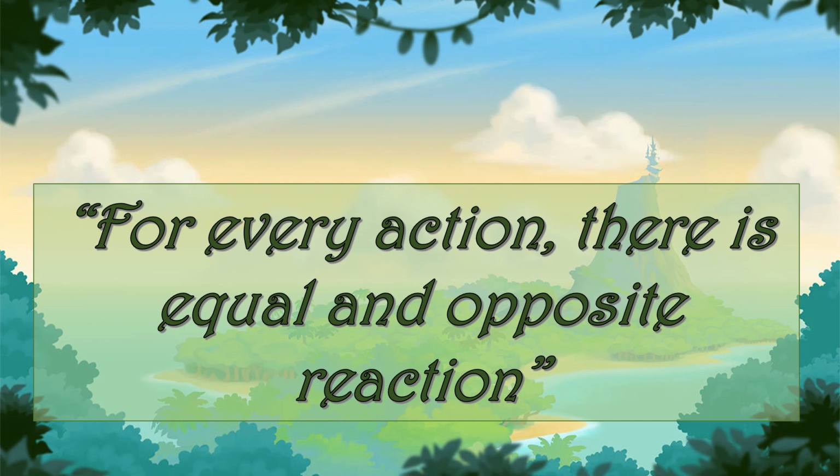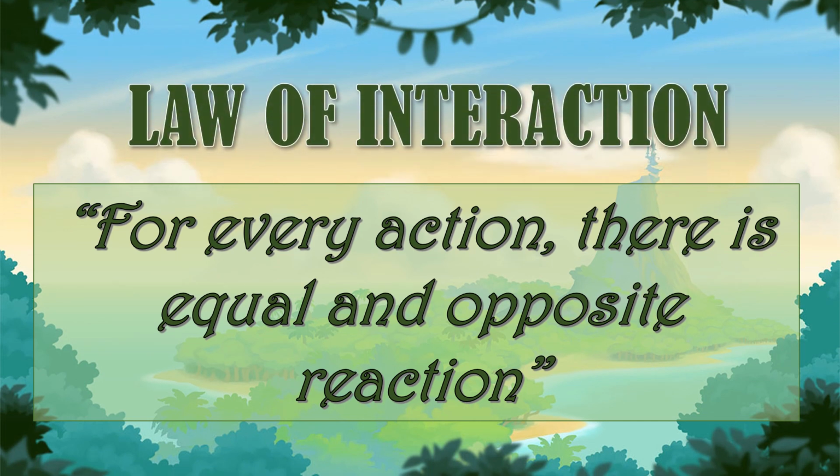We have the third law of motion, which is the law of interaction. The law of interaction states that for every action, there is an equal and opposite reaction. Now, when an object exerts a force on another object, the second object exerts an equal and opposite force back on the first object.